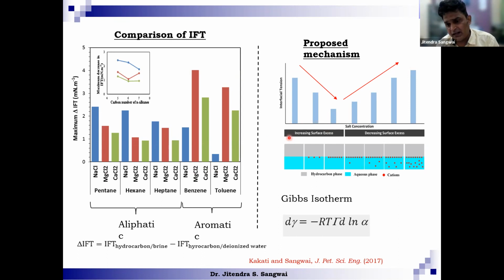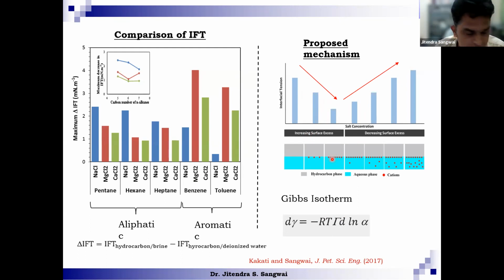The mechanism lies in the Gibbs isotherm, where the change in the interfacial tension is directly related to the excess surface concentration. As we increase the salt concentration, the surface excess concentration increases because the cations go to the surface and interface at the oil-water contact, and they decrease the interfacial tension.